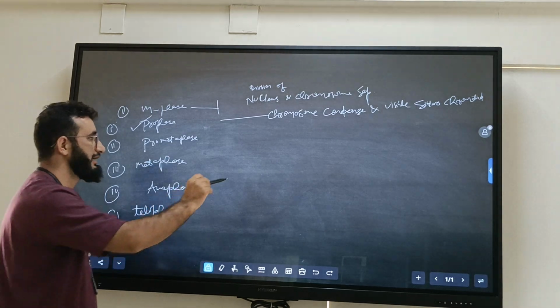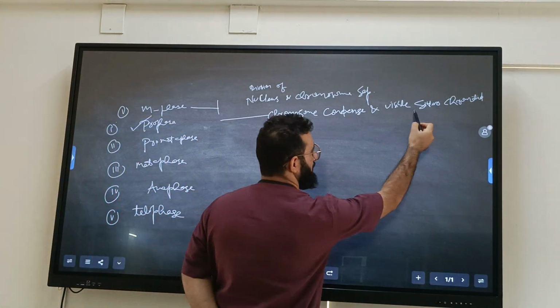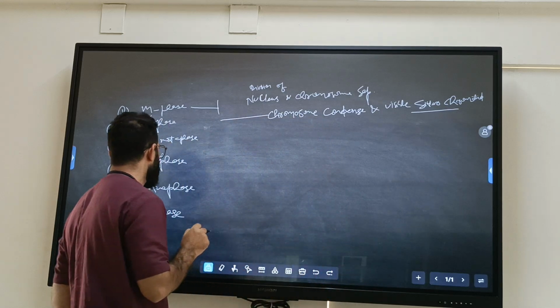So in the prophase, chromosome becomes visible, and there is a formation of sister chromatids.